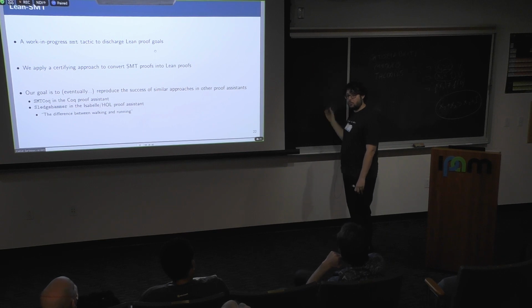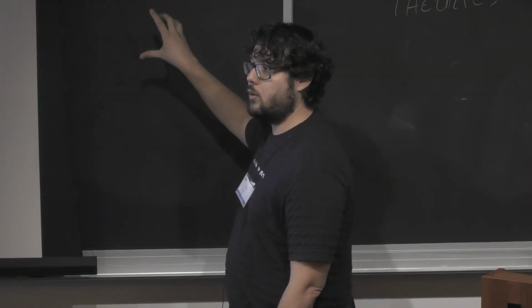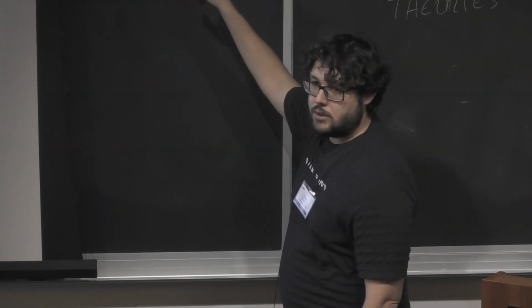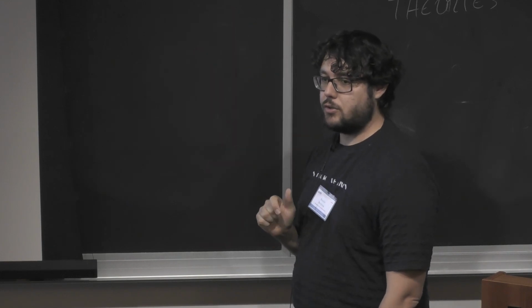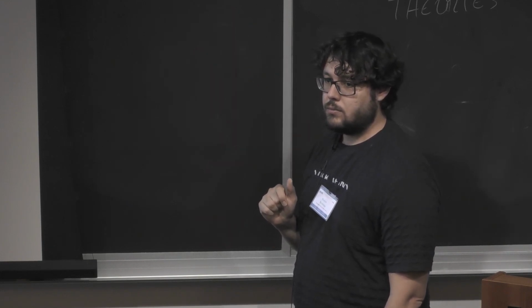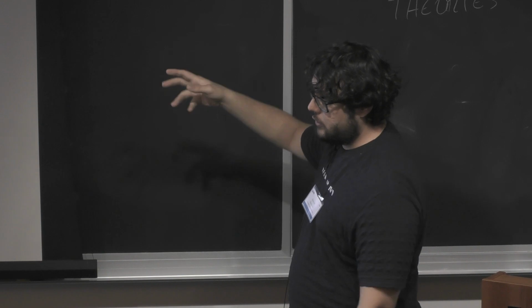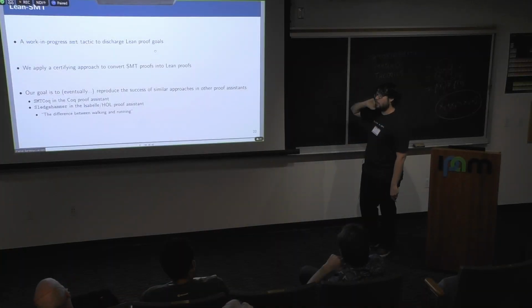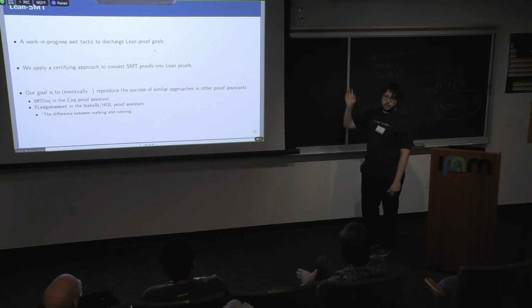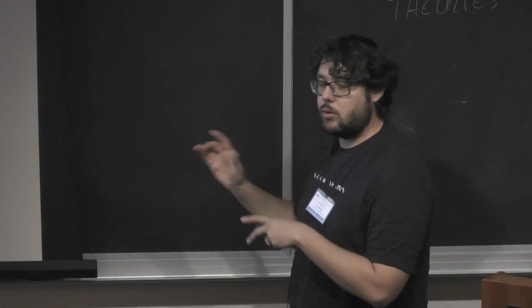So doing the conversion to first order logic can be very complicated, and you need to do it in a way that you must be able to go back. So this presents a significant challenge. Just to give a very simple example, in this language, dependent type theory, you have polymorphism, for example. You can quantify over types, and you cannot do that in first order logic. So this is something that you must be able to encode in one way or the other.